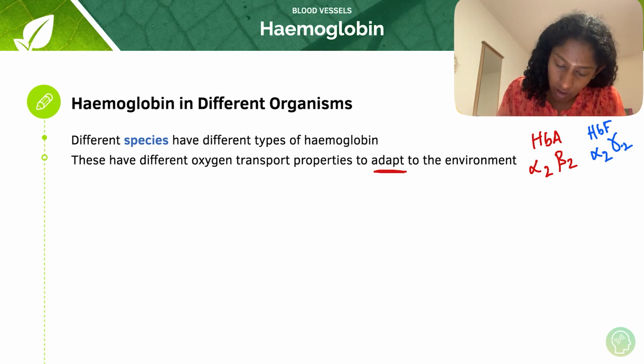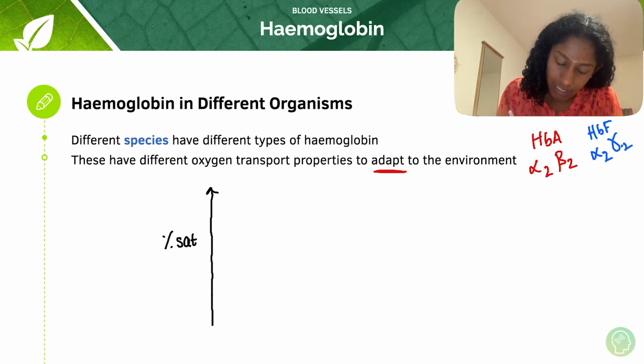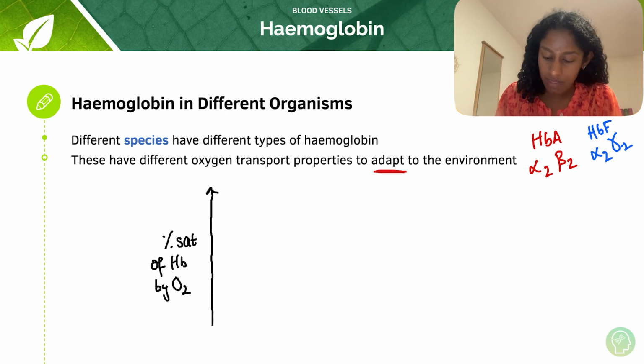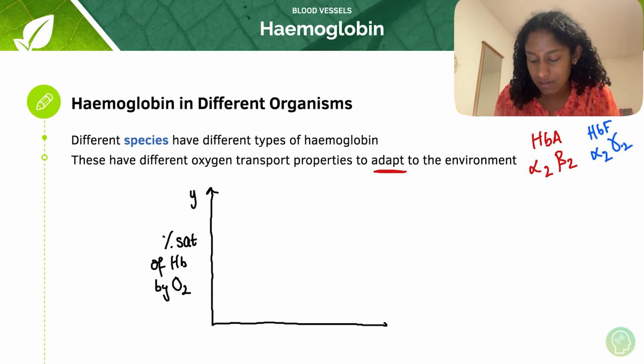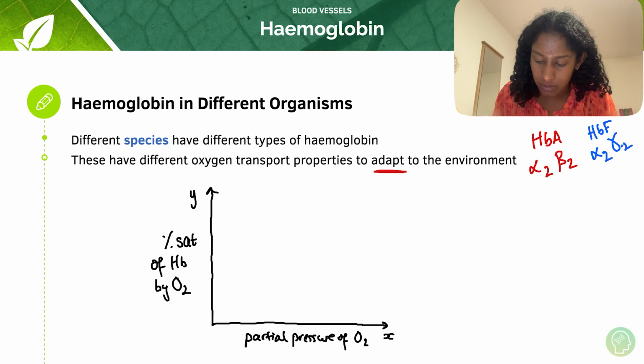So I'm going to draw out a graph here to just show this. So this is our y-axis, and again we've got our percentage saturation of haemoglobin by oxygen. And then this is our x-axis, which is our partial pressure of oxygen.